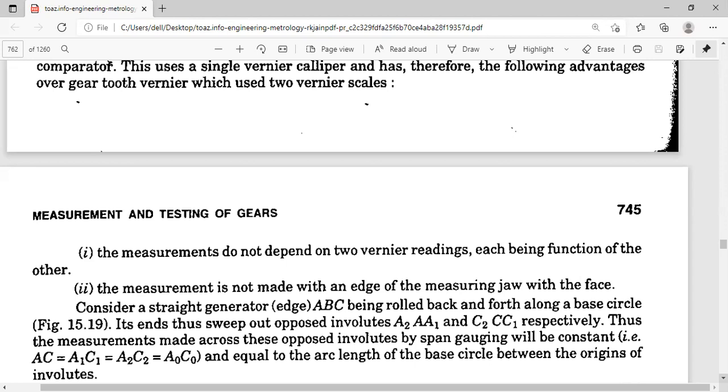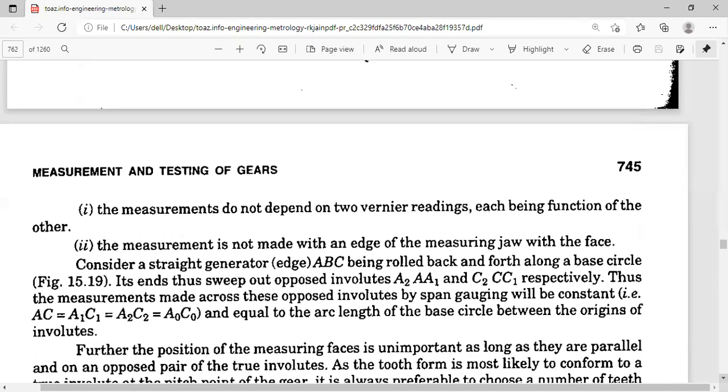There's a wear and tear of the measuring jaw, and you cannot rely on the measuring jaw of the vernier caliper, because from time to time you have to go for calibration of the vernier caliper. Not only vernier caliper, the instruments you use in the industry to ensure the quality check of any particular standard mechanical component. Here we are taking the gear into consideration.